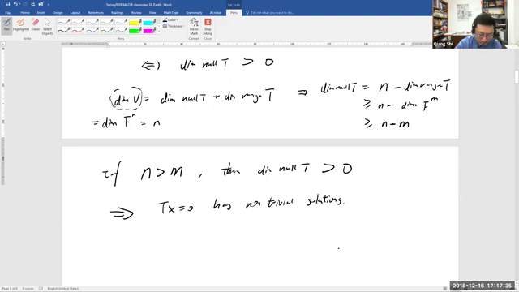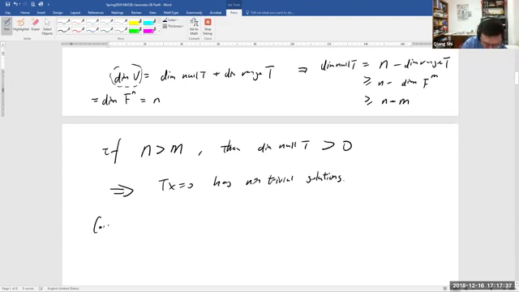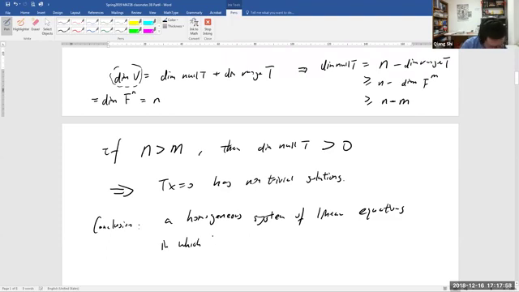All right. So our conclusion for the first case is, I will use plain language here: a homogeneous system of linear equations in which there are more variables than equations. Because what is the n and what is the m here?